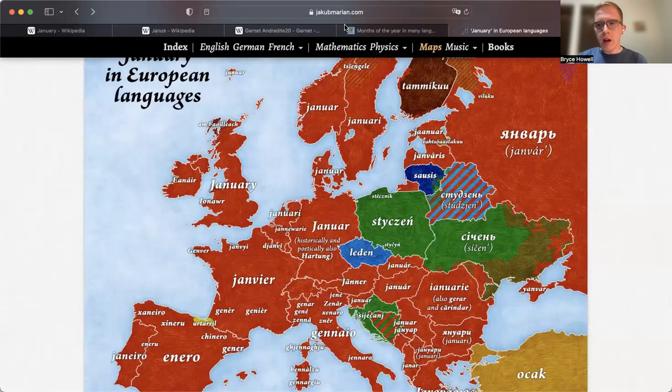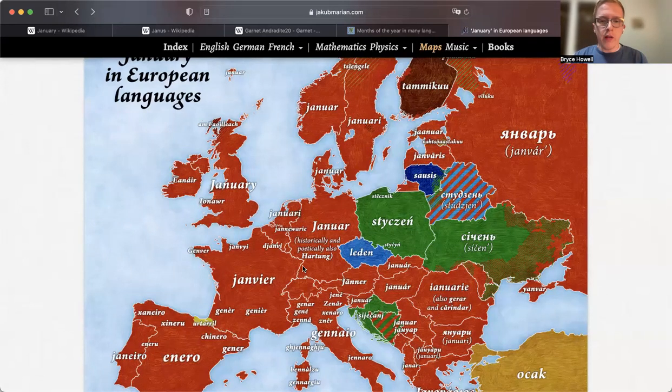Today, I'll be talking about the history behind New Year's, and the etymology behind the first month of the year, in English being January. As you can see, different countries have different names for January.